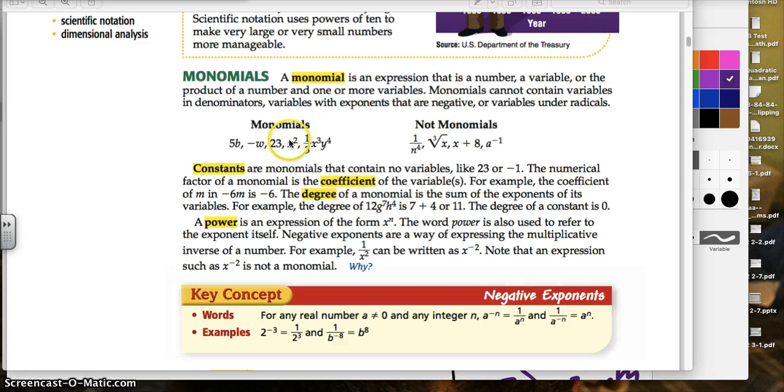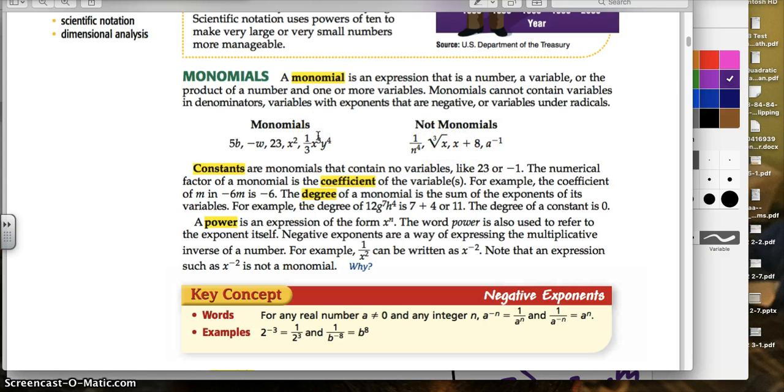Monomials also are only multiplying variables together, so all of these variables are being multiplied together. Here b is multiplied with 5, w is technically multiplied with a negative 1, 23 is a standalone number, which is cool, x times x being multiplied. All of this is x to the 3rd power, all being multiplied. Here we have this one being divided by n to the 4th power, and so therefore it's not a monomial.